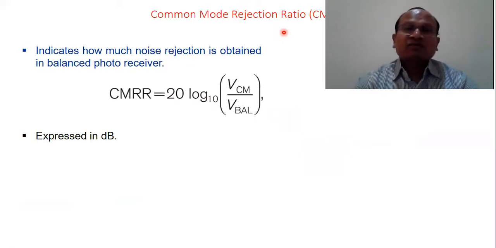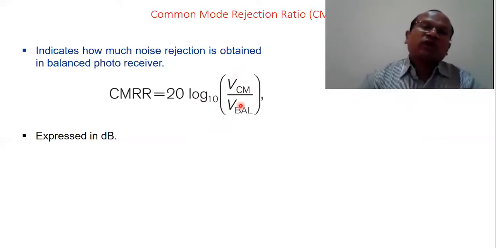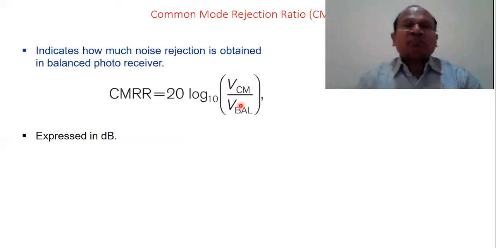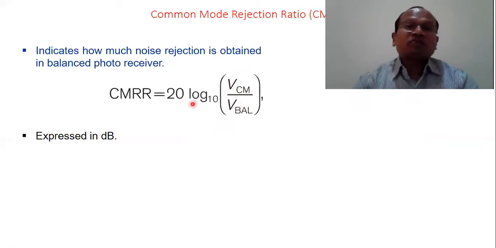Because see how you are calculating CMRR: VCM divided by V balanced. It is the common mode output divided by the balanced output, that is, the common mode signal divided by the balanced signal. The balanced signal may be a difference signal or the mixed output, the output of the mixture, which is called the balanced signal.